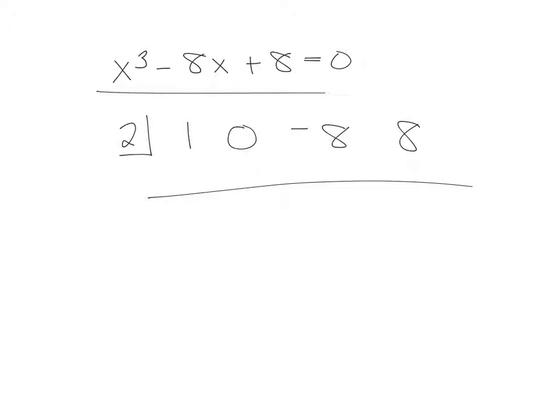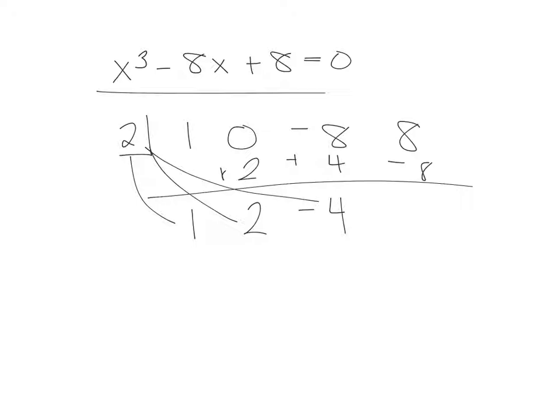So first you'll just bring down the 1 and then 2 times 1 is 2. We'll add the 2 to the 0 to get a +2. And then we'll multiply again. 2 times 2 is 4. Then -8 plus 4 is -4. We'll do this again. 2 times -4 is -8. And so 8 minus 8 is 0.